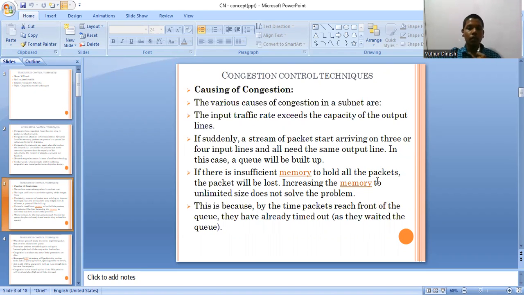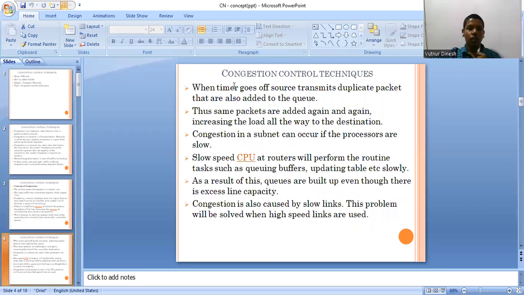Increasing the memory to unlimited size does not solve the problem. This is because by the time packets reach the front of the queue, they have already timed out as they waited in the queue. When the timer goes off, the source transmits duplicate packets that are also added to the queue. Thus, the same packets are added again and again, increasing the load all the way to the destination.